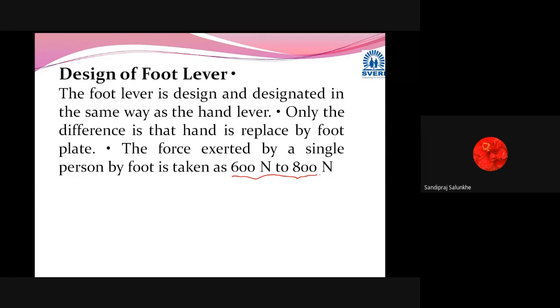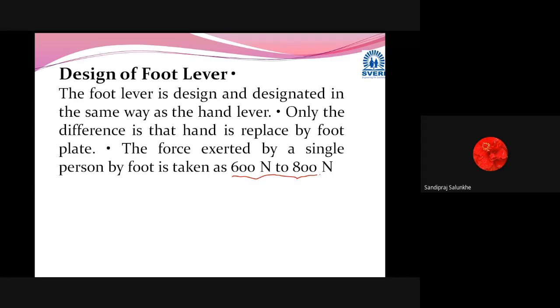Okay, so that point you have to consider while we are going to design the foot operated levers. The force which we are going to consider exerted on the lever is 600 Newton to 800 Newton. A common single person can apply that much force with the help of foot, and by considering that force you can further design the foot operated levers for the various applications where they are required.